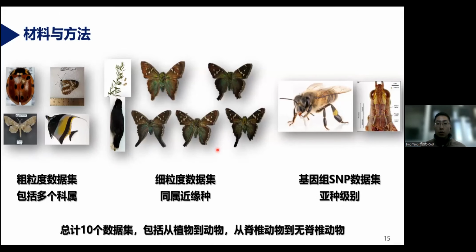We divide the test data set into a coarse-grained data set, a fine-grained data set, and genomic SNP data. The coarse-grained data set includes multiple families and genera, including butterflies, moths, and fishes. The fine-grained data sets are closely related species of the same genus.